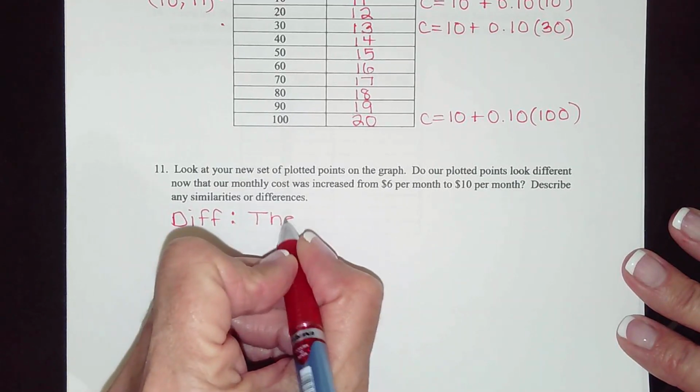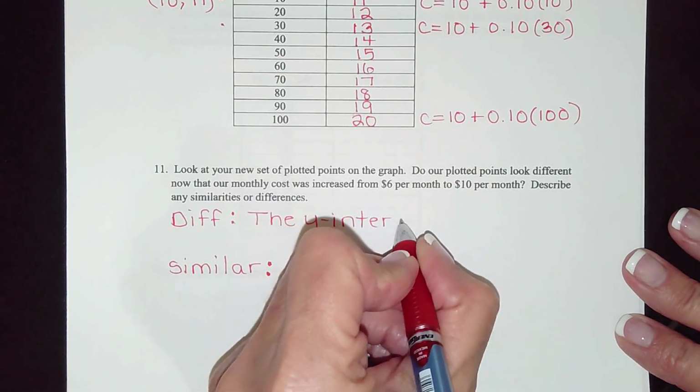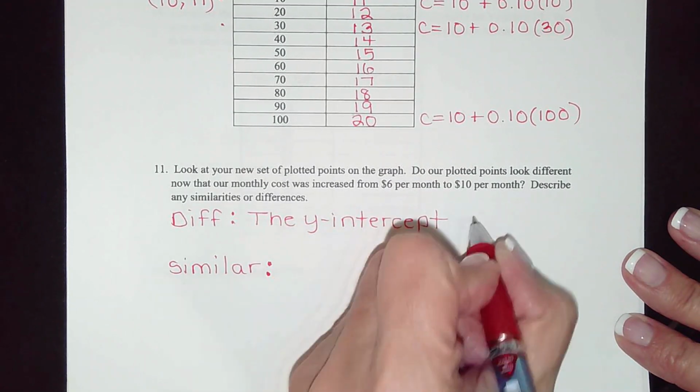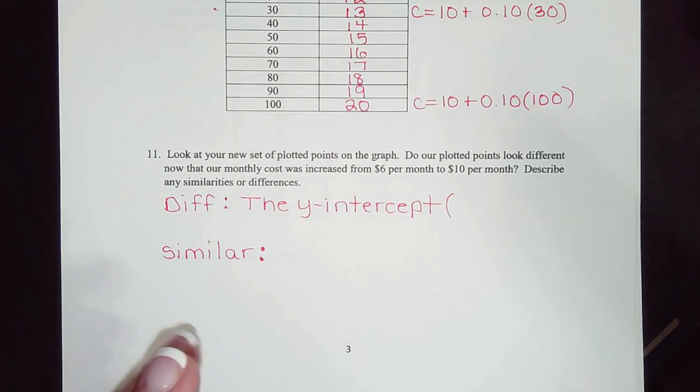The y-intercept, and then let's just remind ourselves what it is. It's the starting point, and it will always be the starting point of your graph in the first quadrant.